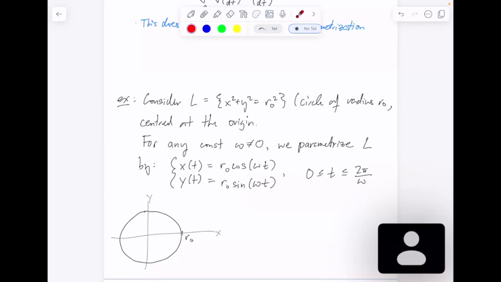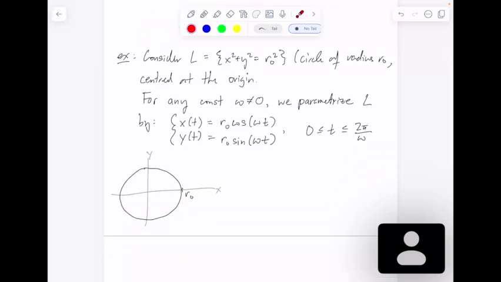Omega corresponds to the speed at which you're traveling along the circle, either counterclockwise or clockwise, depending on your sign. So if you alter omega, the speed, you have to alter what your period is, so what your bound on t is. Instead of 0 to 2 pi, you have to divide by omega, also called the frequency.